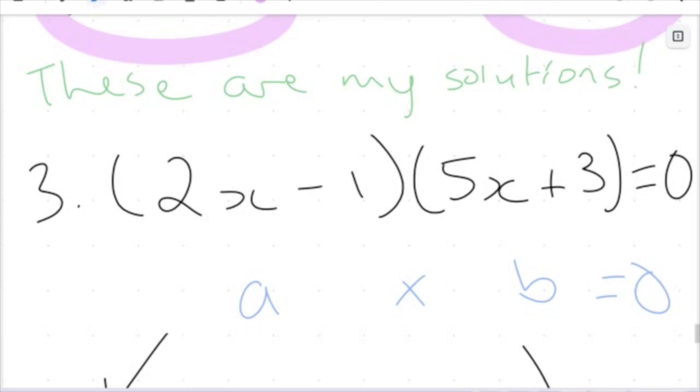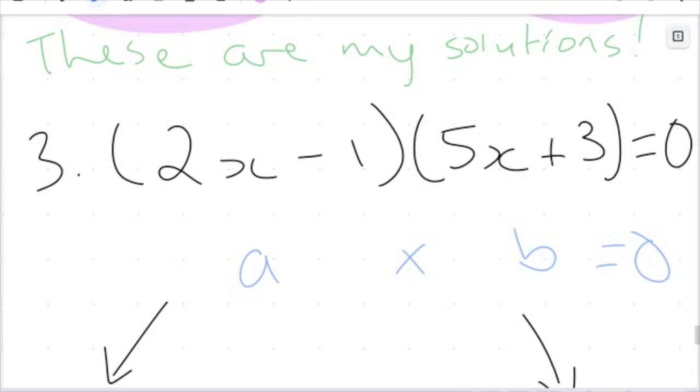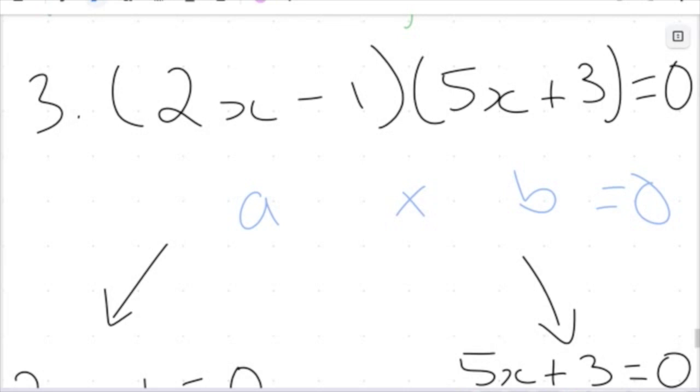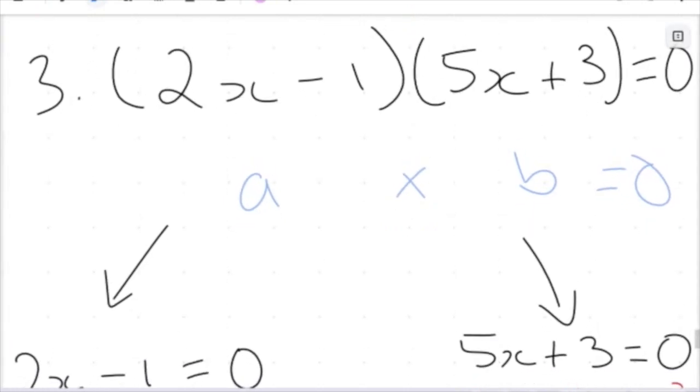Now, one of the big ideas that I'm hoping some of you have caught on to is that now that we're working with quadratics and this null factor law strategy, we looked at these questions, we had these two binomial products. So one thing we're going to be working with in this series is reducing things to binomial products, which allows us to use the null factor law.